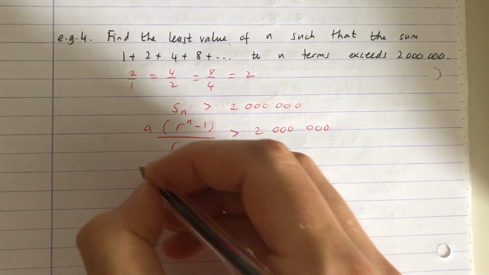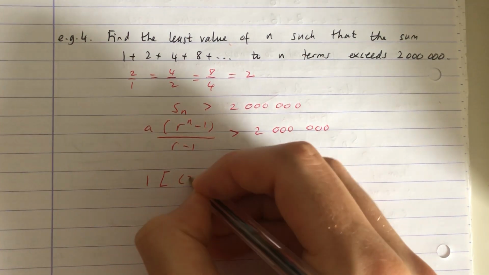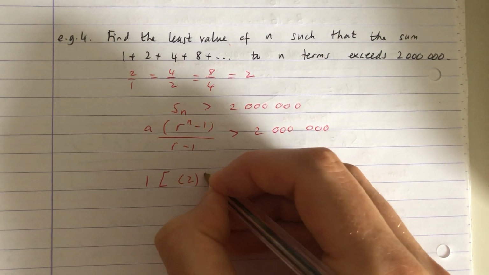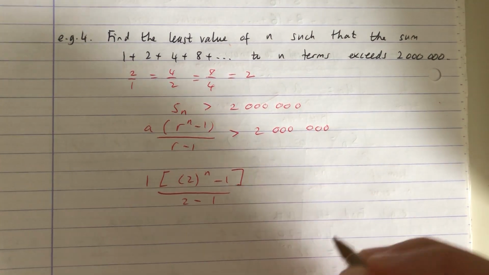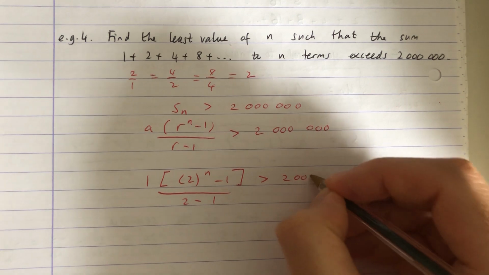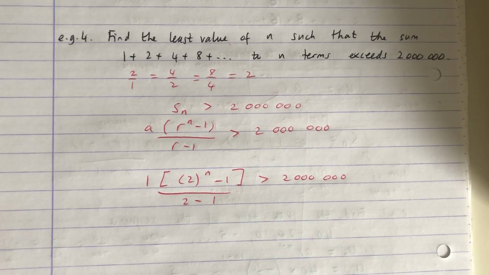a is 1, the first term. R is 2. So (2^n minus 1) over (2 minus 1) is greater than 2 million. Okay, let's simplify this.